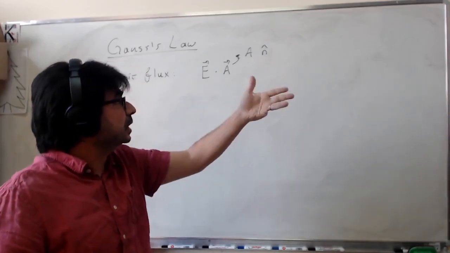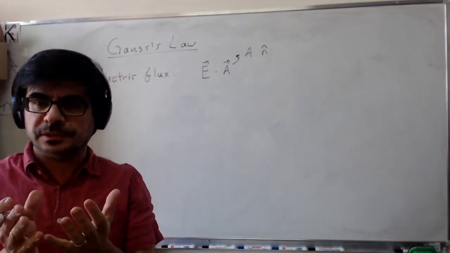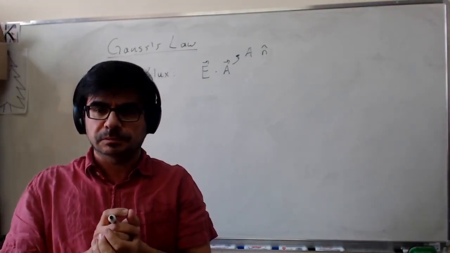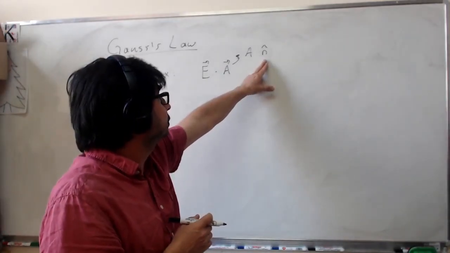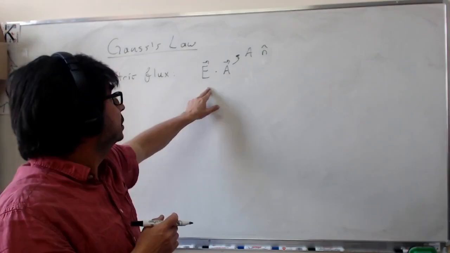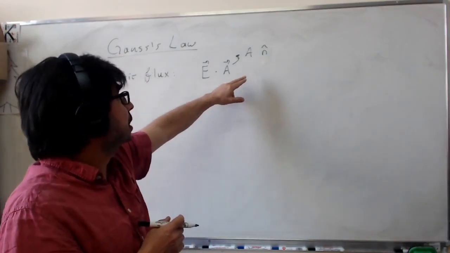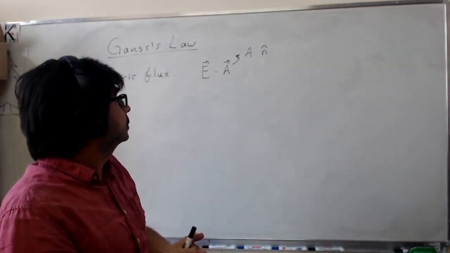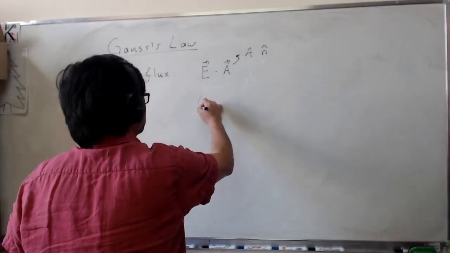You could choose two sides, but it turns out for Gauss's law, we always deal with closed surfaces where inside and outside is unambiguous, and so there's no ambiguity in choosing this one. This is always going to be chosen outwards. Right? So this is for a uniform electric field, and for where this is constant, so it's for a flat surface. And if you have some non-uniform electric field or a complicated surface, you need to go to an integral.